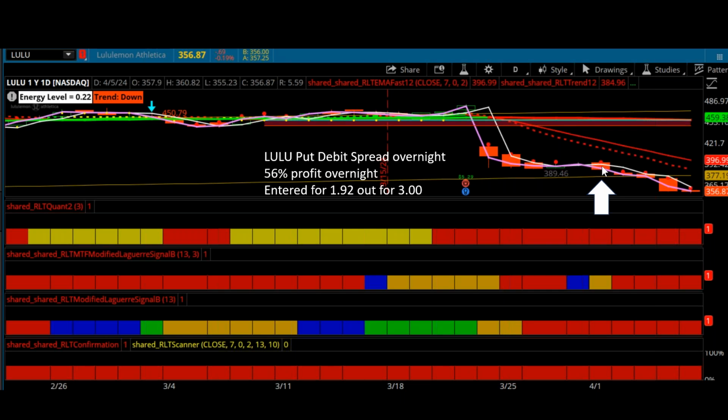We actually took it here off of this compression when this went blue, went to yellow. We took the trade right here, and we took this just overnight in for $1.92, out for $3. But again, we're using these 2 indicators more than anything else right now. Multi-time frame momentum, current time frame momentum.